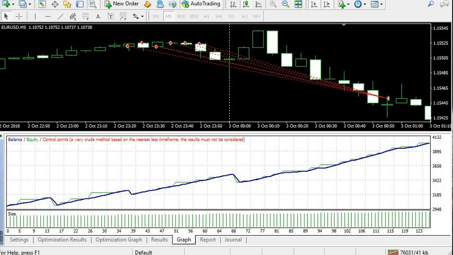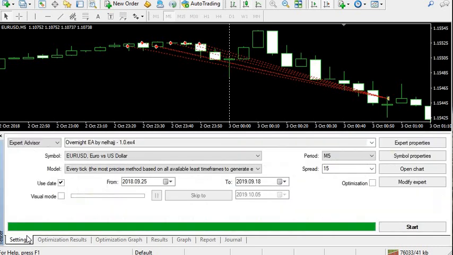Now I want to show you how to download the settings. I will add the link in the description to the ForexFactory thread, where I will be posting the setting files for the EA. If you want to load these setting files, you have to place them somewhere on your PC and remember where.